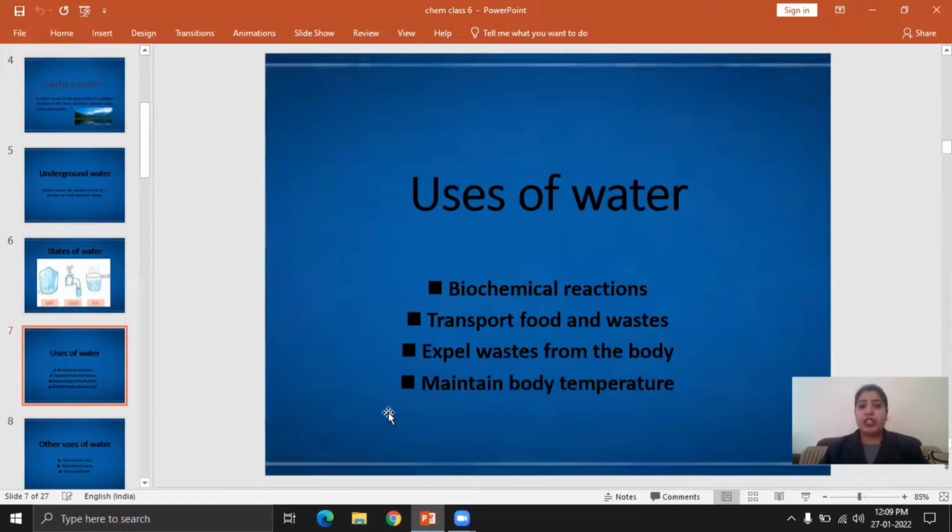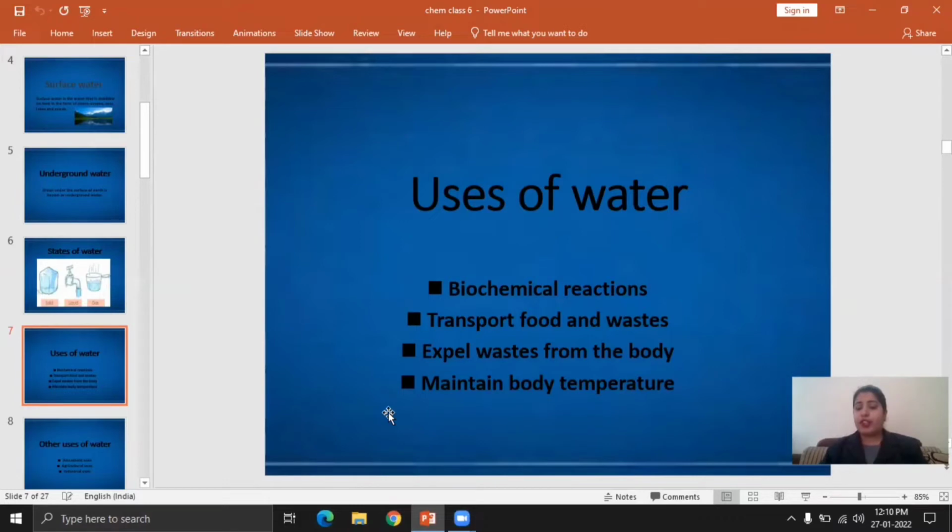We also need water for transporting food material and waste products. Water is also needed for throwing out waste material from the body of a human being. A very important point is that water also helps in maintaining the temperature of the body.